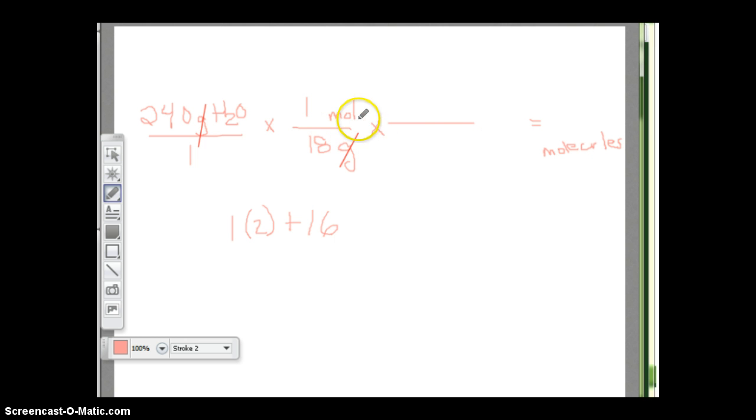What has to be on the bottom of the next fraction? Moles. Why? So that they cancel. And 1 mole is the same as how many molecules? So I have molecules on the top, because the rest of my units cancel off, molecules is going to be the unit for the answer.